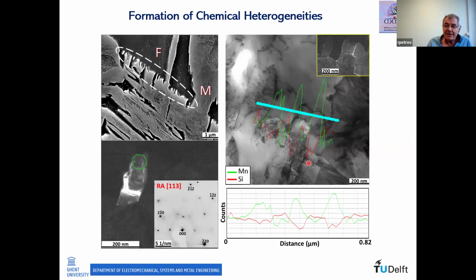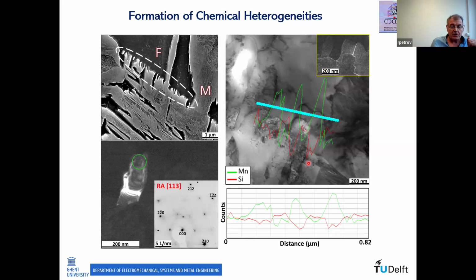What does it mean? It means that you have, on this small scale, the possibility for formation of different types of microstructure, because the cooling rate in this zone is exactly the same, but the composition of your austenite is different.